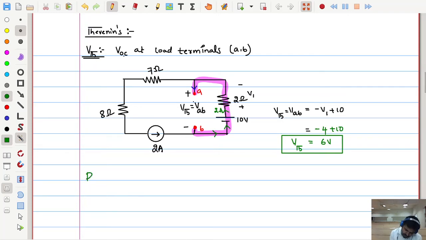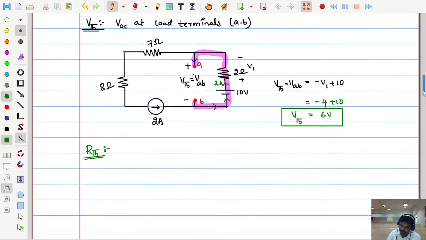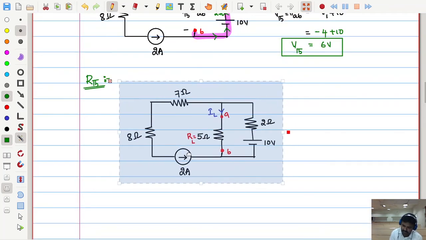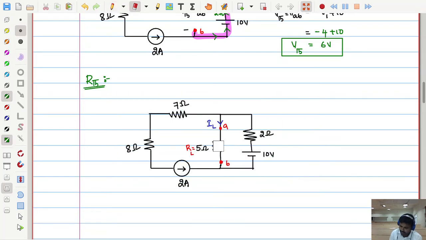What is the next step? Thevenin's resistance RTH. How to find the RTH? For this, let me take the given original circuit again and remove the load. Then at the removed load terminals, let us find the resistance between AB terminals.